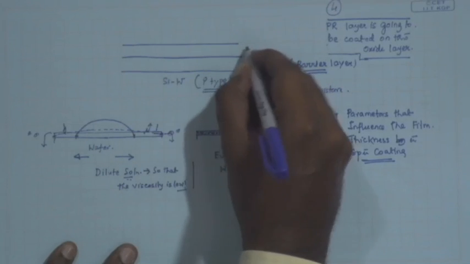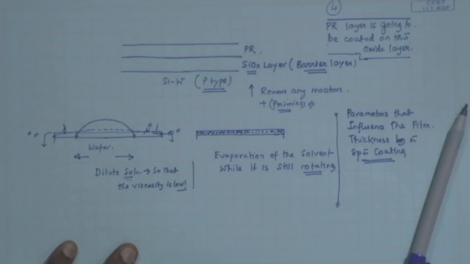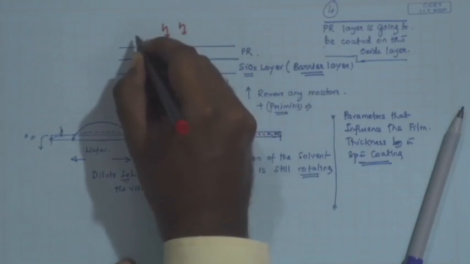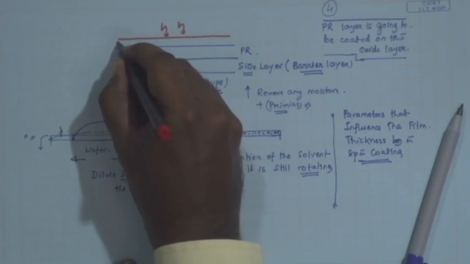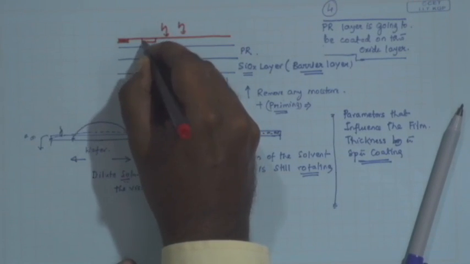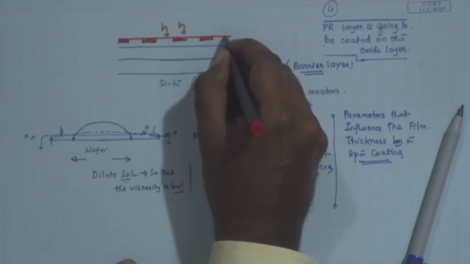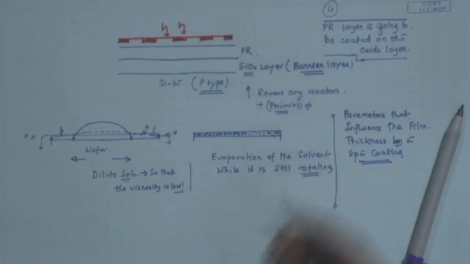Because your photoresist is subsequently going to be exposed to UV, of course through a mask. And please understand what you expect in the subsequent step to happen. You expect that the photoresist layer will change its property upon UV exposure, but please do not forget that only the photoresist has the sensitizer, and therefore, it will change its property upon UV exposure.